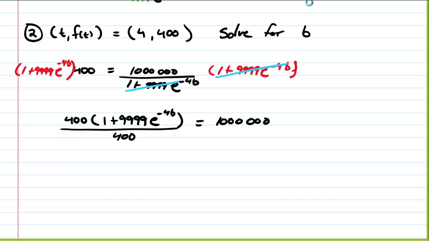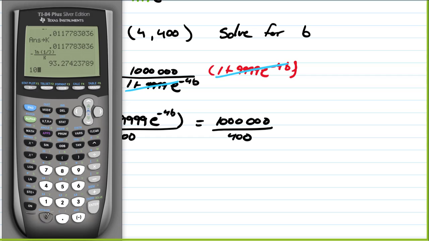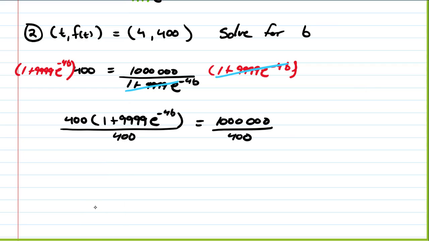So first thing we're going to do is divide by 400. So 1,000,000 divided by 400 gives us 2,500. So we have 1 plus 9,999 e to the negative 4b is equal to 2,500.